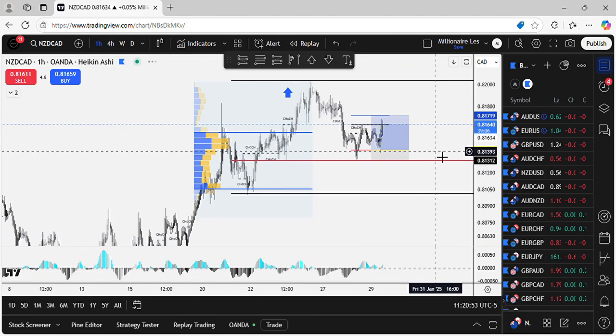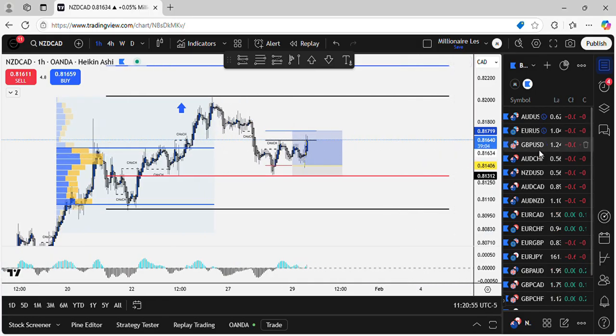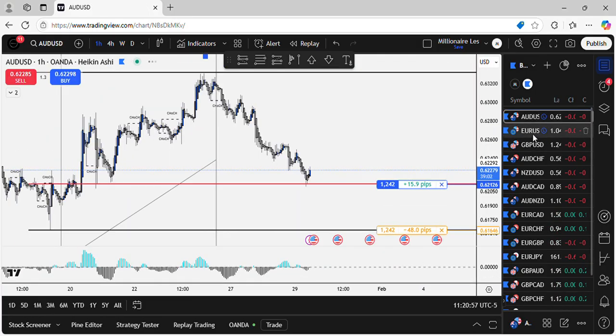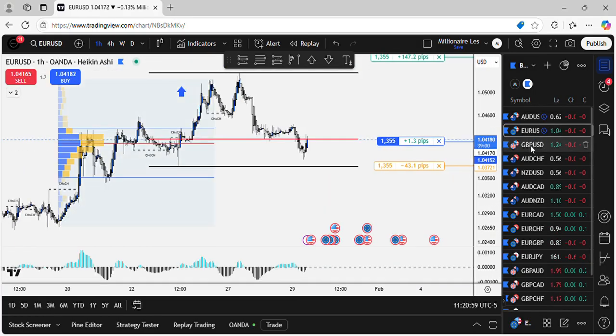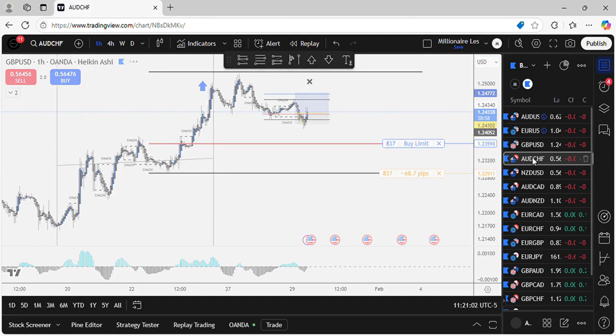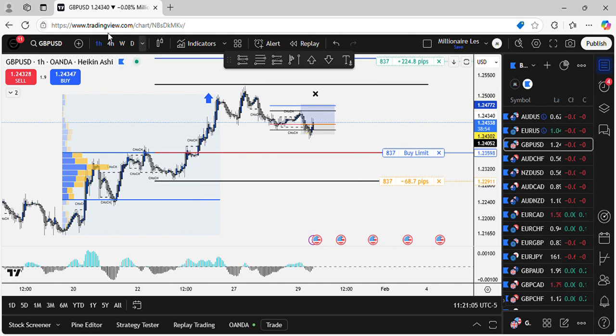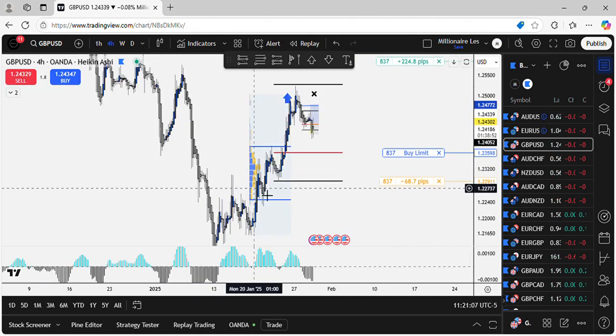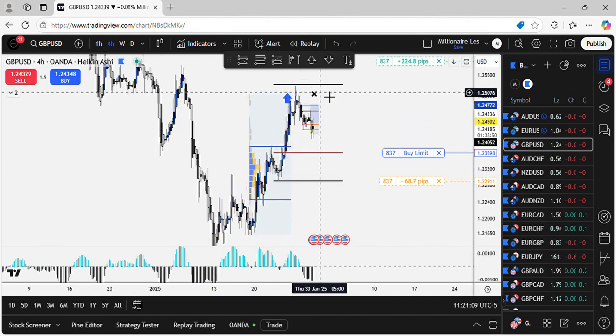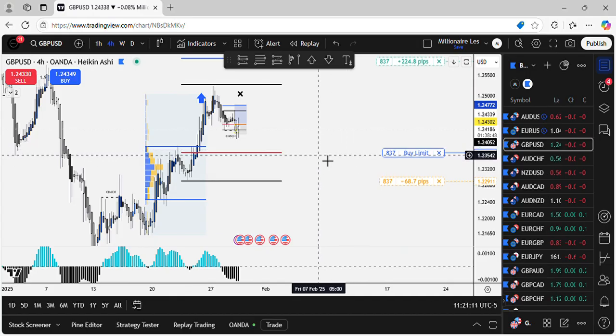If you get an entry on the 1 hour, you're golden. If for whatever reason the 1 hour hits your stop loss, right here, just go up a time frame, draw your fib on the 4-hour, and then just wait.